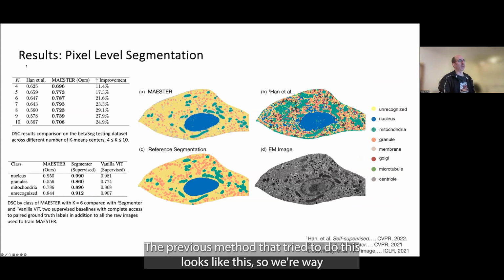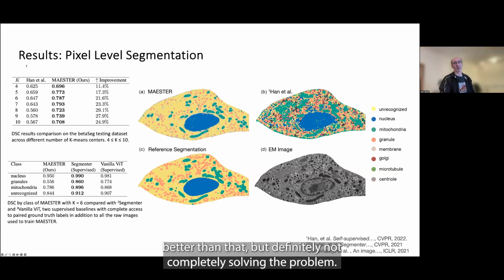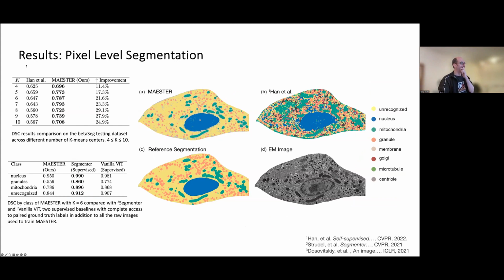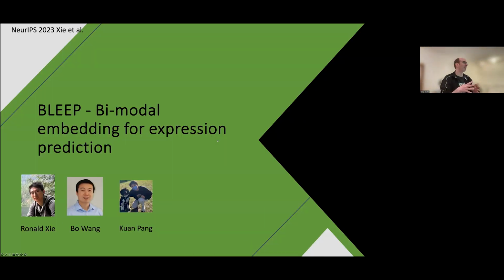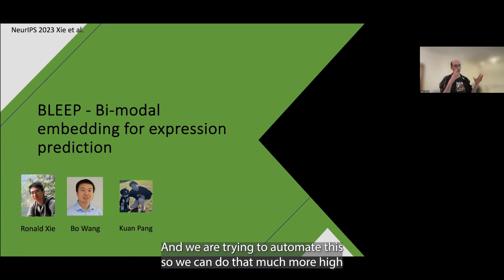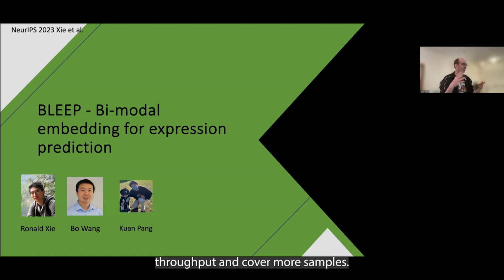The previous method that tried to do this looks like this, so we're way better than that, but definitely not completely solving the problem. So that is an interesting way of mapping very detailed information about the human body. And we were trying to automate this so we can do that much more high throughput and cover more samples.